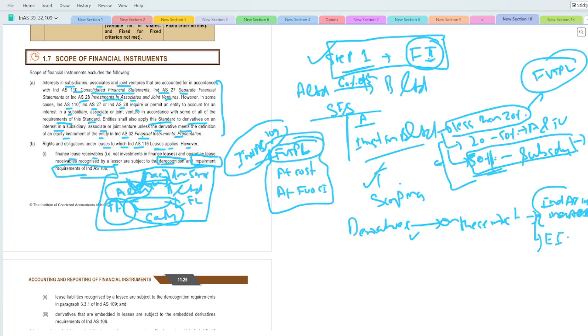The lease liability recognized by the lessee is subject to the derecognition requirements. So whatever liability B Limited has recognized, we will cover in the lease accounting standard in detail. There also we will come back to this particular scoping, then you will have a better picture. So the lease liability also.